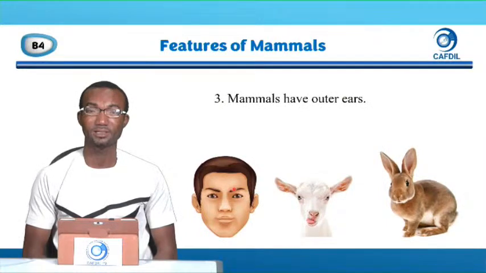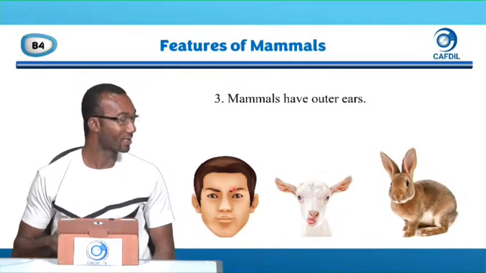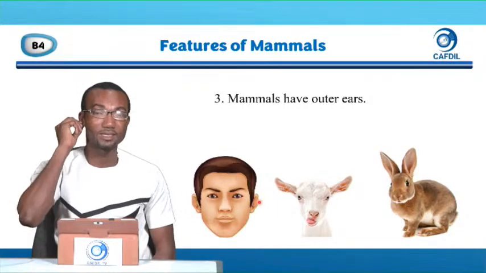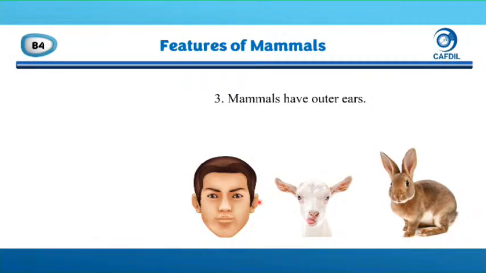Number 2. Mammals have outer ears. You can see and touch the ear.